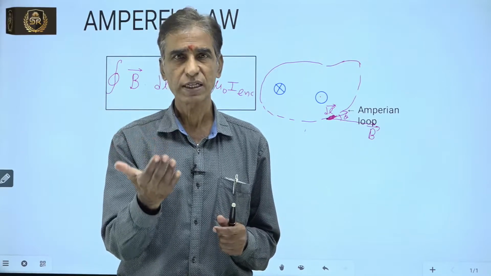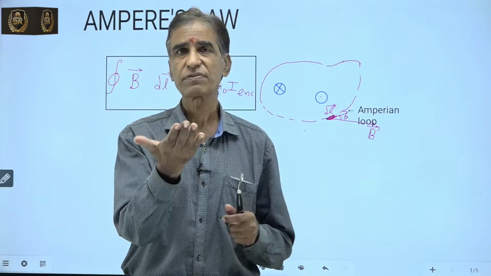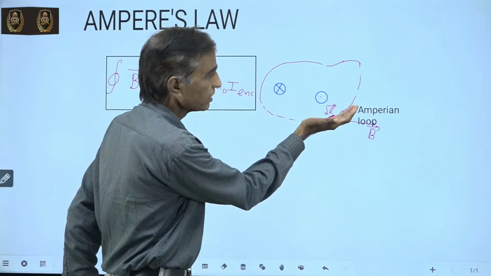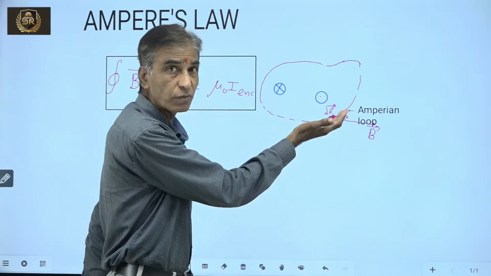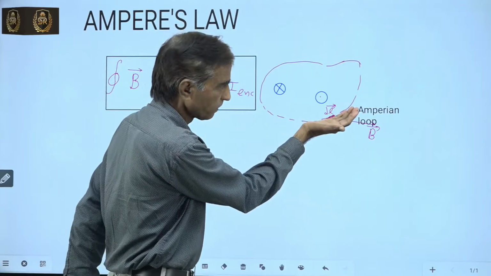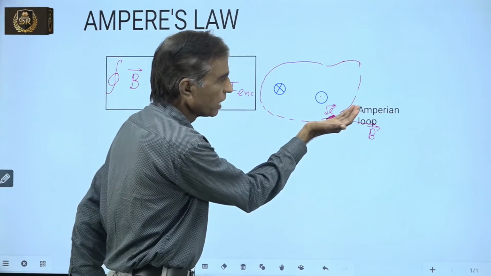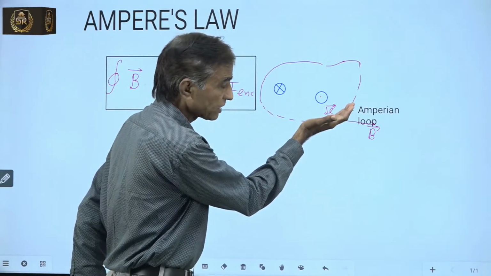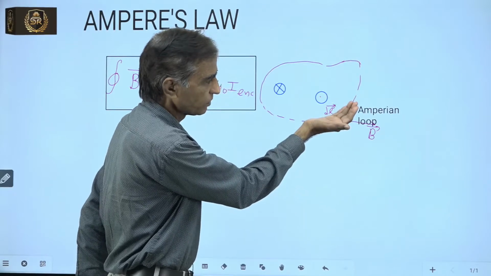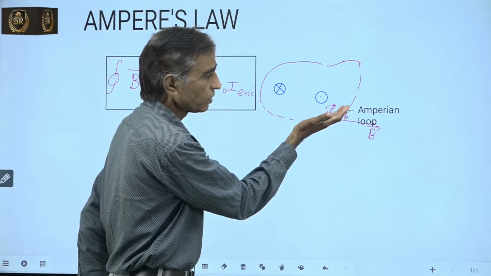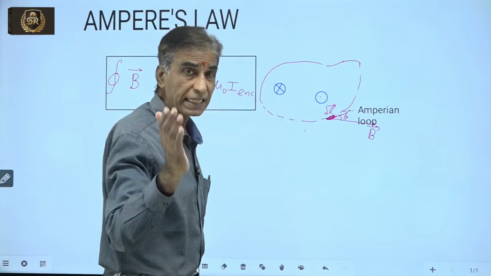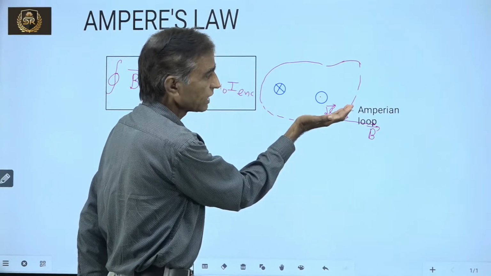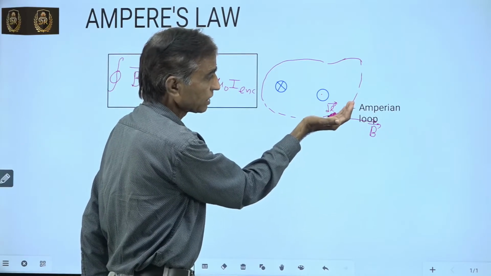We stretch our fingers and imagine that we are holding this loop in our palm, with the fingers in the direction of our line element, along the tangent. We are performing the integration anti-clockwise, so we imagine holding the loop in our palm in the anti-clockwise direction.